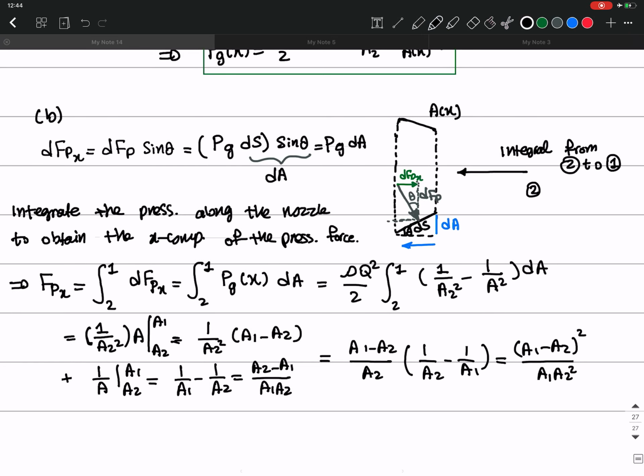Okay, so the total force F_Px is going to be rho Q squared over 2 times (A1 minus A2) squared over A1 A2 squared.